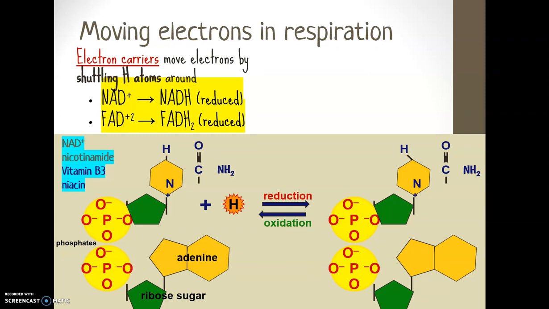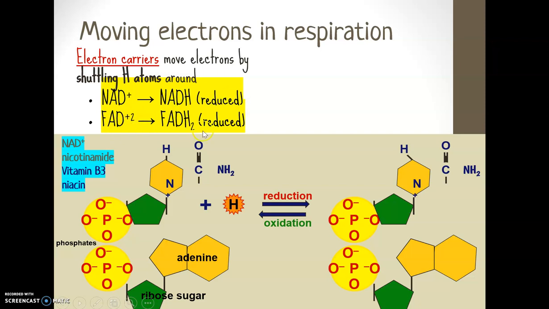Now, to move the electrons in respiration, the way that our electron carriers actually move the electrons is basically by shuttling the hydrogen atoms around. So we have these molecules called NAD plus and FAD plus 2. So NAD plus, here we are adding a hydrogen to it, which means it is gaining an electron, so it is being reduced.